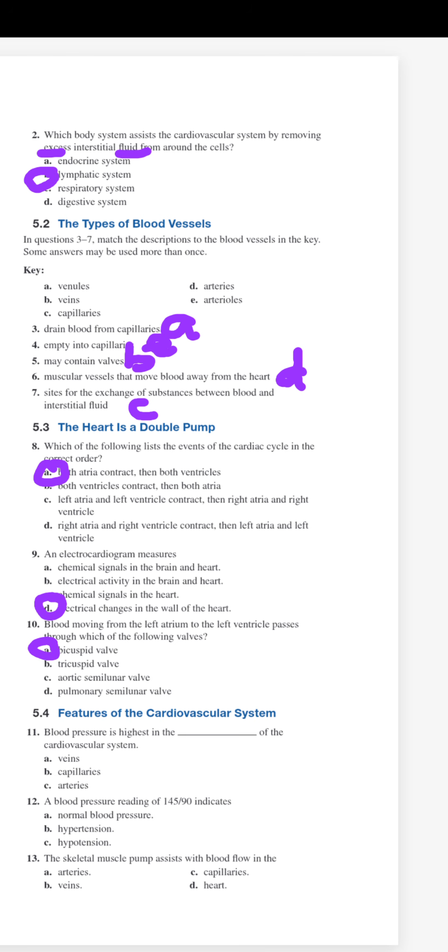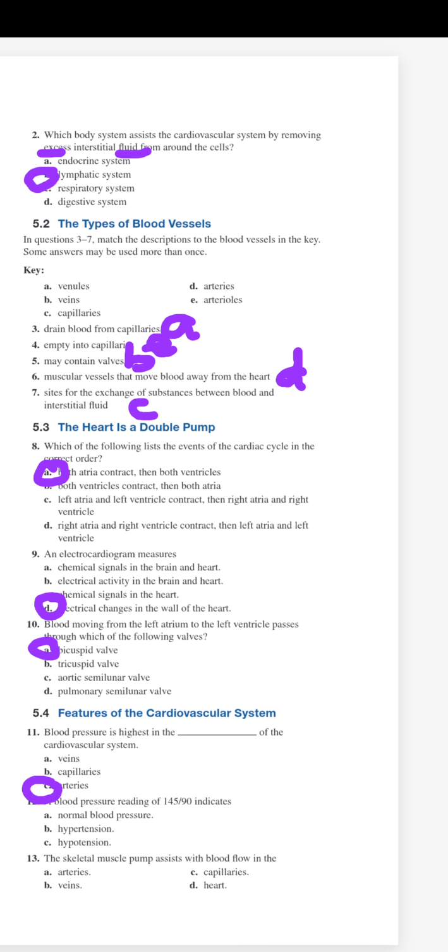Features of the cardiovascular system. Blood pressure is highest in the dash of the cardiovascular system. As I told you, arteries are muscular, and they have a narrow lumen, and they do not need valves because they always carry blood at high pressure and it's not going to flow back. So that one would be artery.